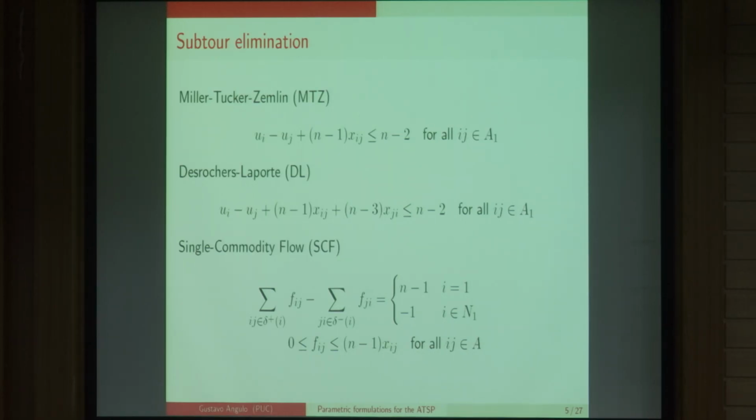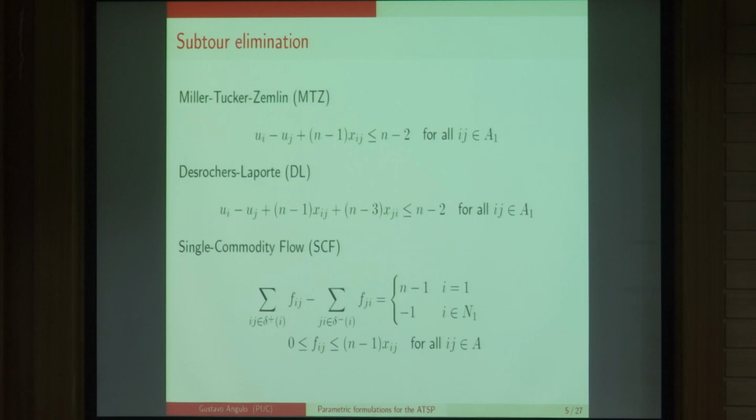Good. And the last formulation that we will consider is the single commodity flow, where we have additional flow variables for all arcs and flow constraints for all nodes. So the intuition here is that the first node is kind of a supplier, supplying n minus 1 units to the remaining nodes, which can be understood as clients, and each client has a demand of 1.